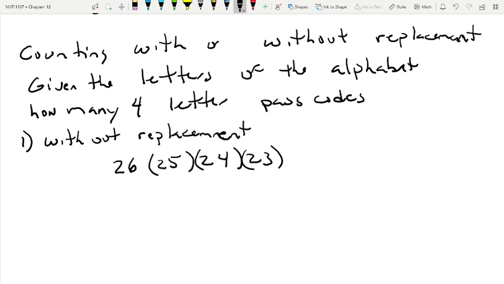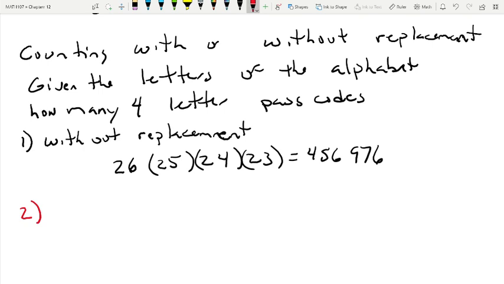So if we multiply all those together, we find out there are 456,976 possible ways we could do that. Sorry, that should be without replacement.